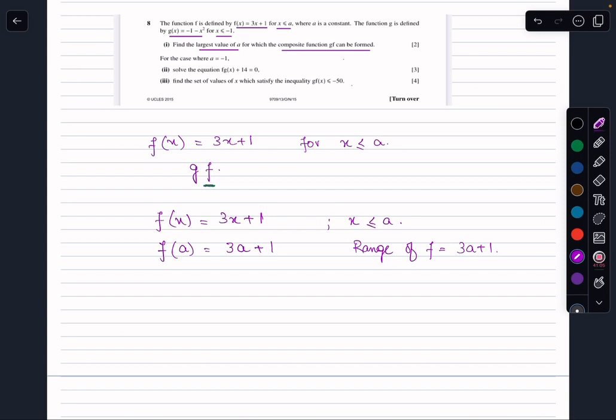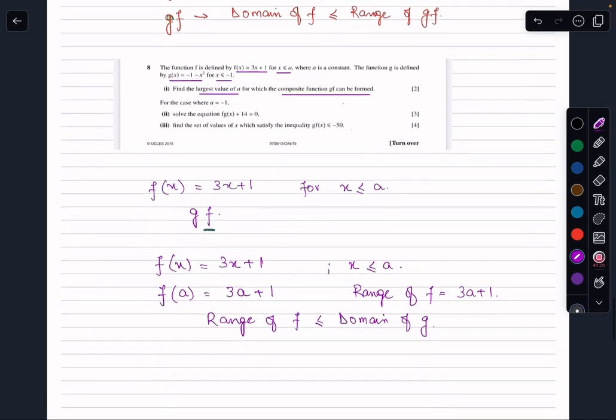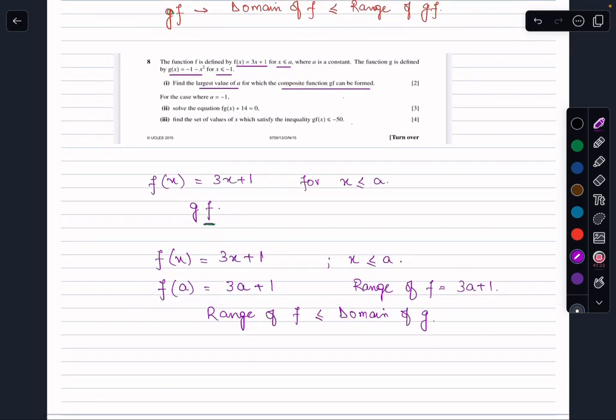So the given condition states that the range of f should be lesser or equal to the domain of g. So what was the domain of g? If we look at the question, the function g was equal to minus 1 minus x squared, and the domain for the function g was x lesser or equal to negative 1.